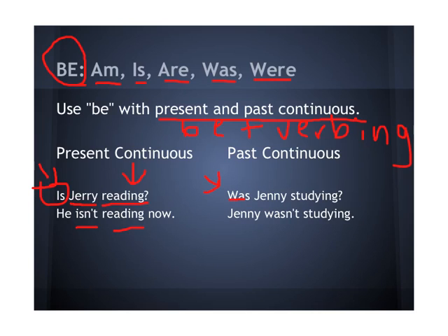Was Jenny studying? Again, we have a form of the verb to be and an ing verb. And we can make that negative. Jenny was not or wasn't studying. All right, so be we use with present and past continuous to make questions and negative statements.